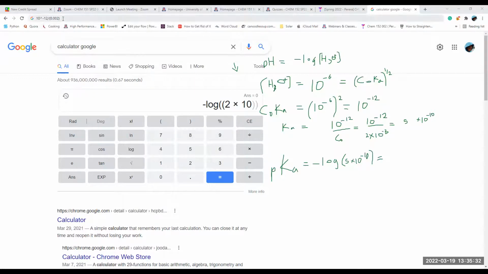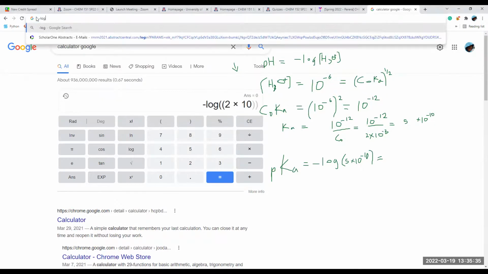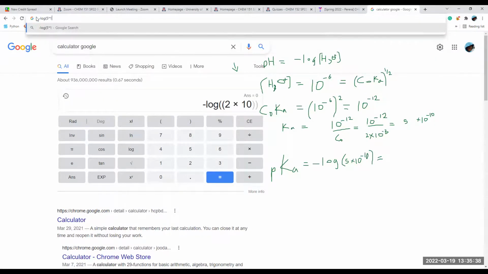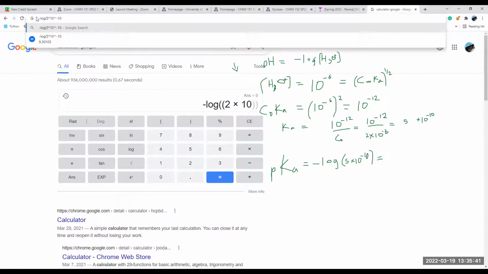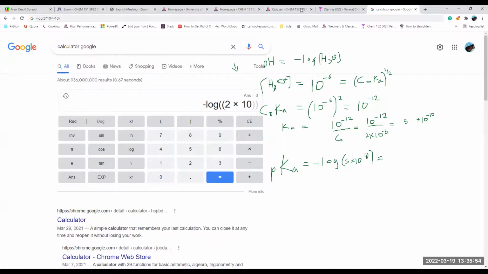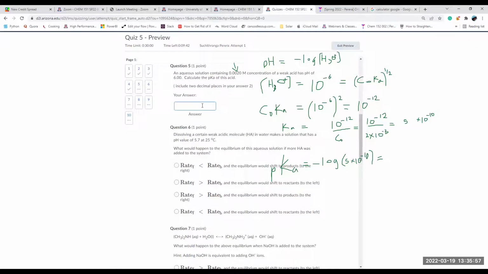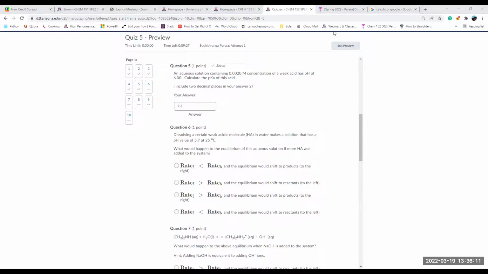Minus log 5 times 10 to the power of minus 10 is 9.3. Going back, I'm going to type in 9.3, and that's my answer for question 5. I'm going to clear this again and move on to question 6.